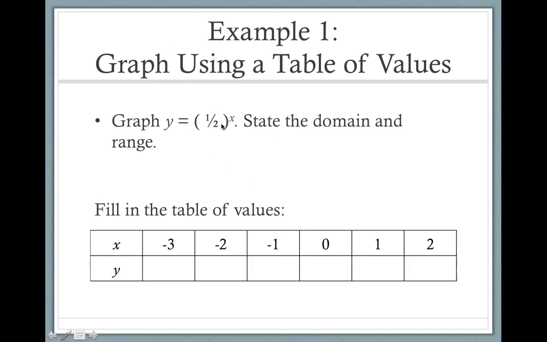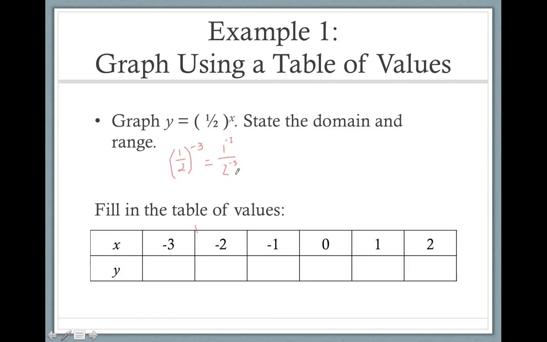Alright, so you have to think about how we deal with fractions and negative exponents. For example, if I want to take this 1/2 and I want it to go to the -3 power, then one way that I can do that is to take both the 1 and the 2 to the -3 power.